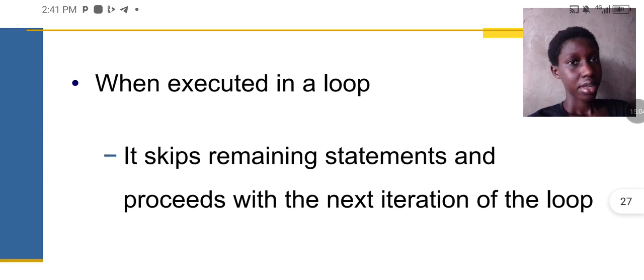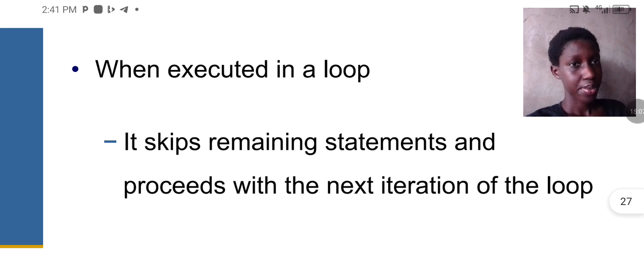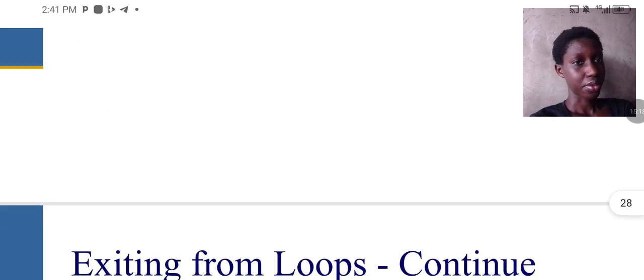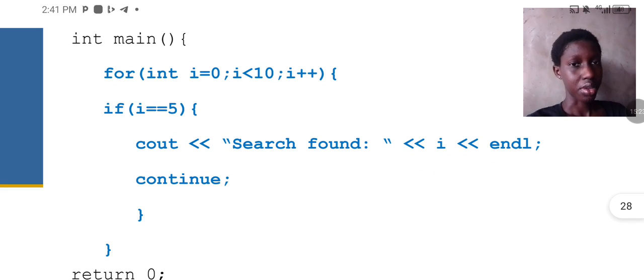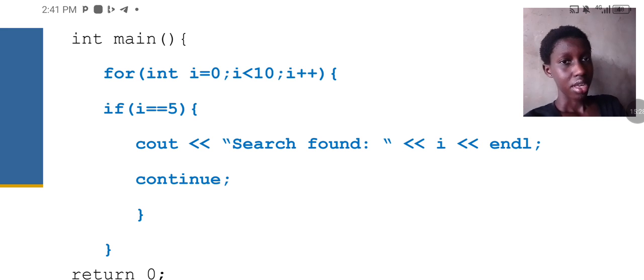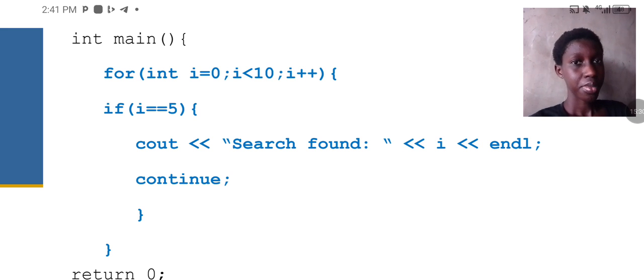When executed in a loop, it skips the remaining statements and proceeds with the next iteration of the loop. Here is another basic C++ example using the continue. We say for, then your initialization statement, your loop condition, your update statement.